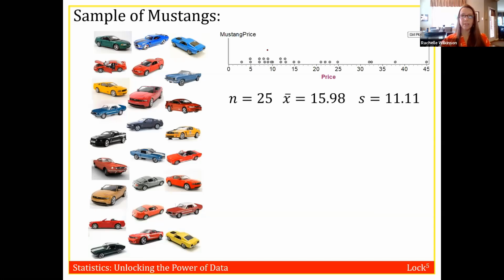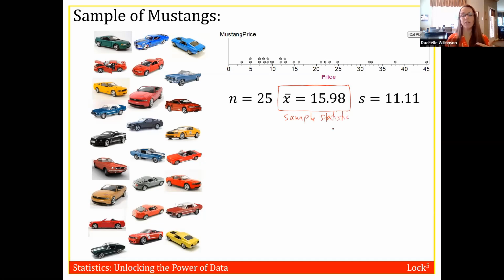If we find the average of all 15 of those used Mustangs, here's what I get for my sample statistic. Remember, they're listing the price in thousands, so this is really $15,980 if we're converting that back to dollars. So X bar equals 15.98 is my sample statistic.